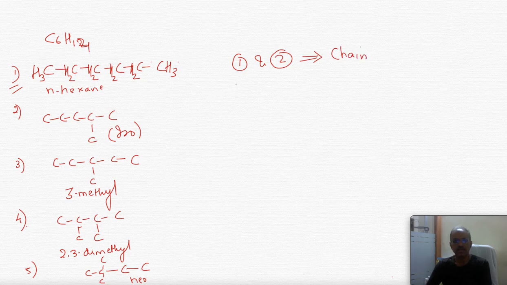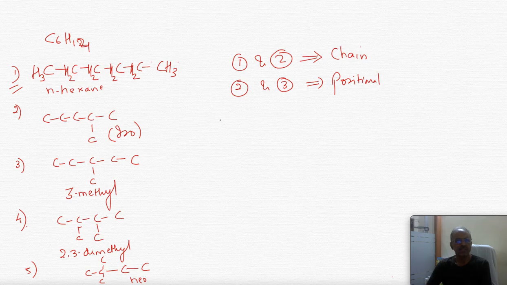Then 2 and 3. Here the number of carbon atoms remains the same in 2 and 3, but only the branch changes, so 2 and 3 are nothing else but positional isomers. They show positional isomerism.